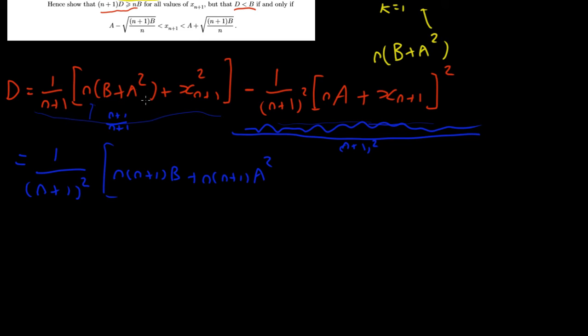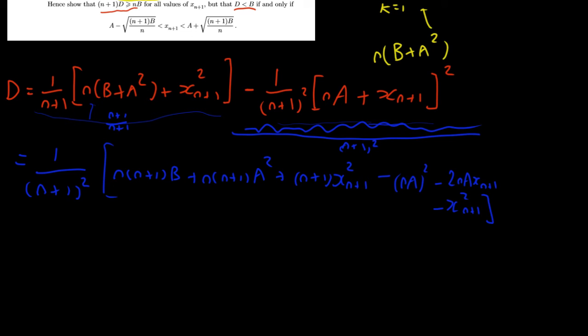So multiplying it by 1 doesn't change it, but each term in there will get multiplied by n plus 1. So the last term that gets multiplied is this x n plus 1 squared. Okay, and then we're going to take away na all squared minus, I'm running out of space, 2na x n plus 1 minus x n plus 1 all squared. So that is that there.